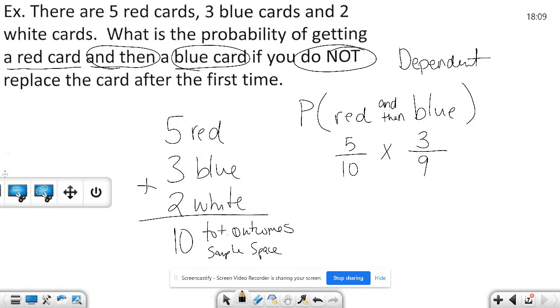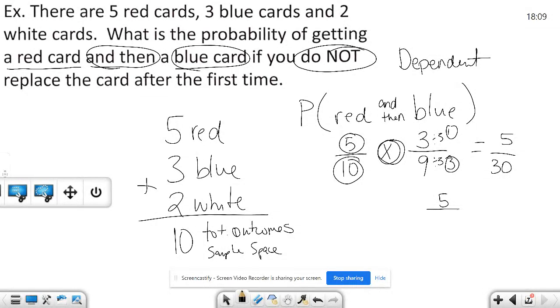We can simplify this down. So 3 over 9 is really, if I divide that by 3, that's 1. I can divide that by 3, that's 3. So 5 times 1 equals 5, and 10 times 3 equals 30.